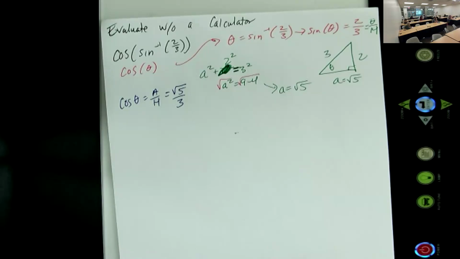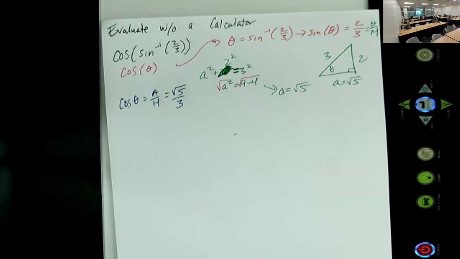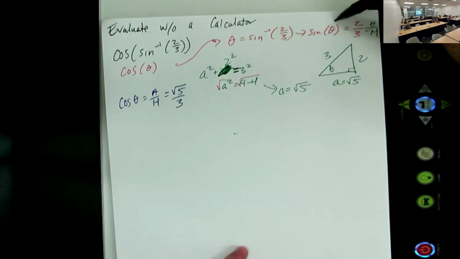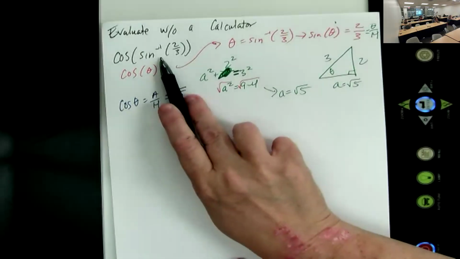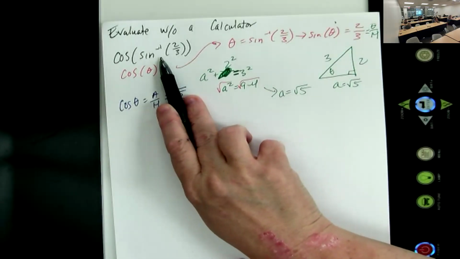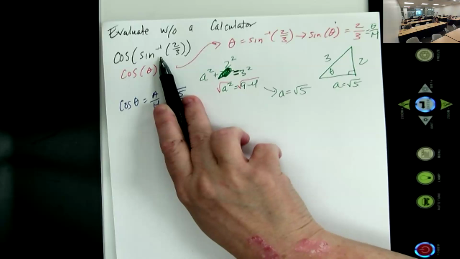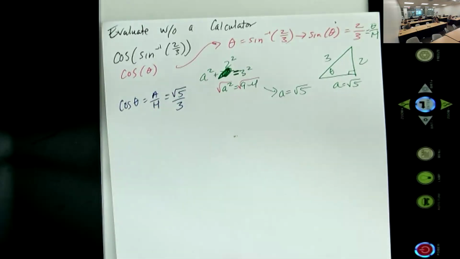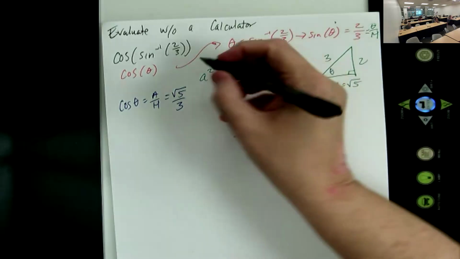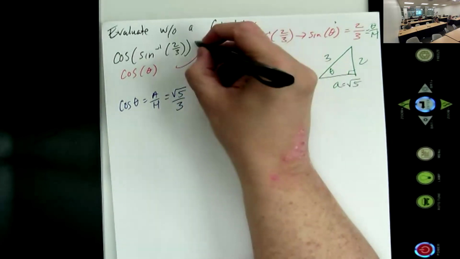Could you explain why we got a positive square root of 5, like how are we within quadrant 1? Because we're looking at sine inverse. We need to include all of sine's positive and negative values, which happens in quadrant 1 and quadrant 4. So we're going from -pi/2 to pi/2.